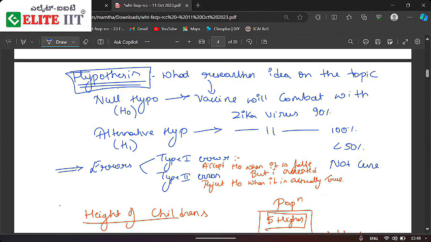Null hypothesis is what the researcher is actually thinking. Alternative is there because one thing has to be proved at the end, right? Whatever I thought, either it must be correct or else the other of that should be correct. So to prove that, I am going to create one null hypothesis and one or more alternative hypotheses.